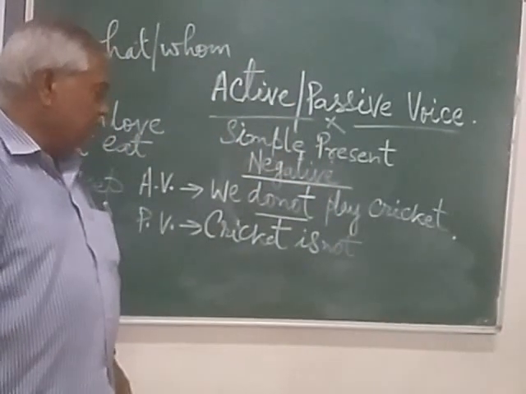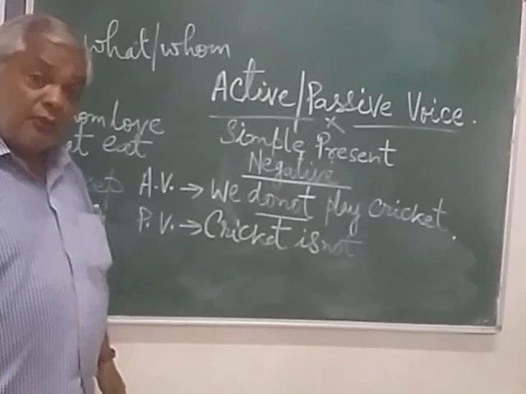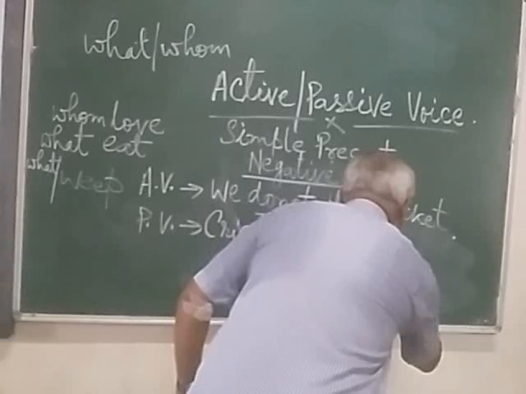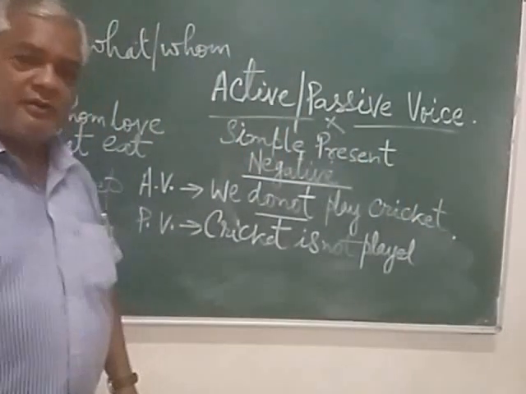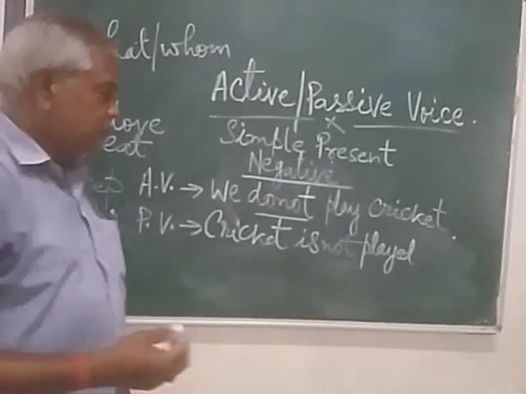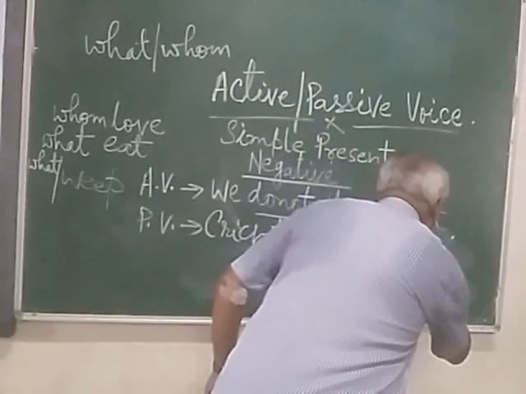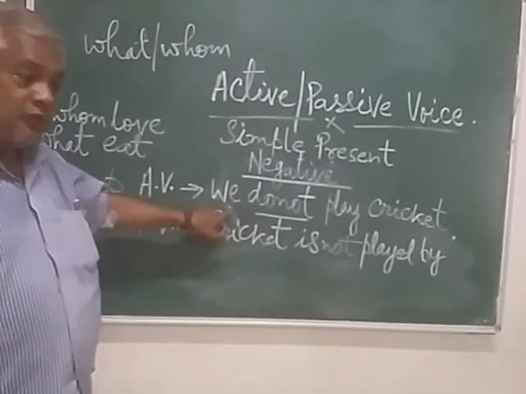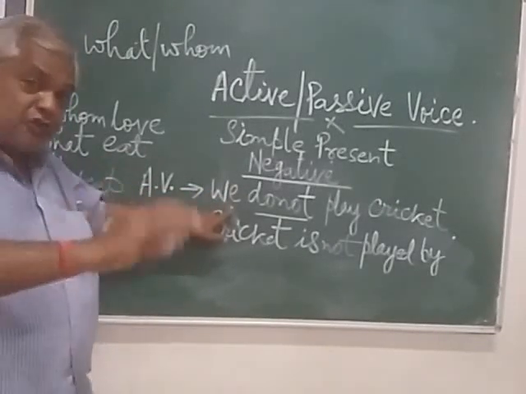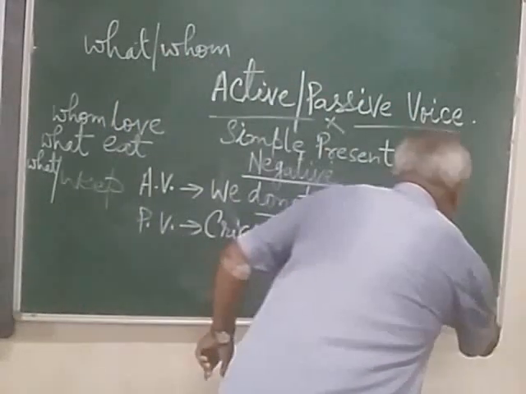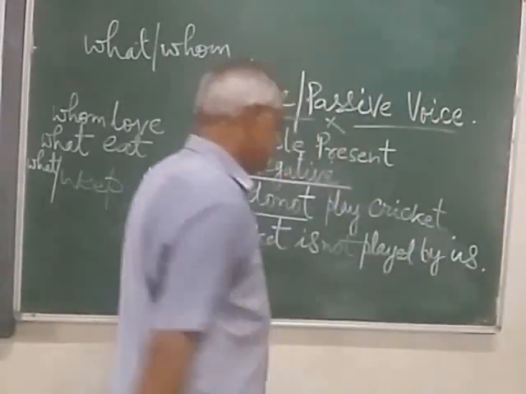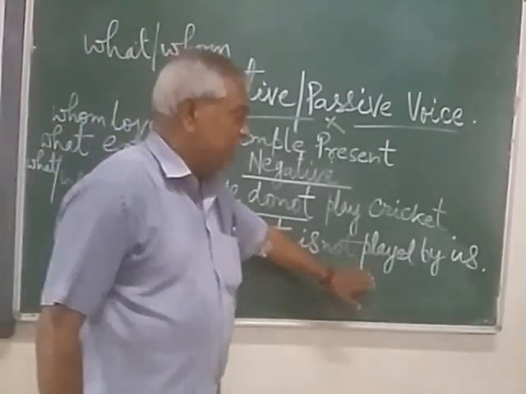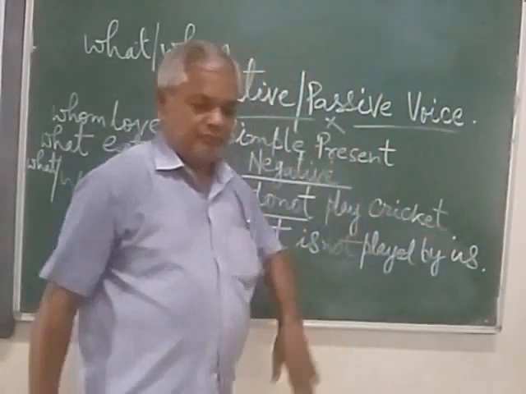The cricket is not. Then V3, played. And then the word by. And then the subject: since the subject is we, it will change into us. So the negative sentence: cricket is not played by us.